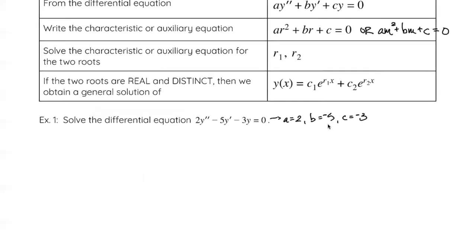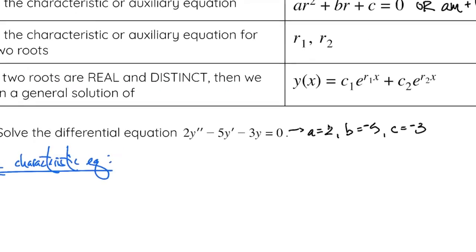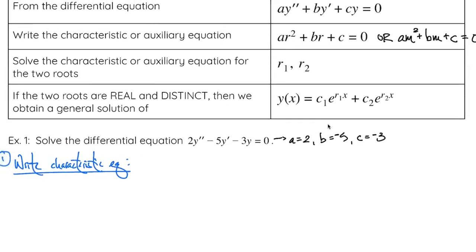So if our coefficients are constant, then we're going to use this process, okay? So if we think about it in steps, we are going to write our characteristic equation. And in our case, for example 1, we would say that we have 2r squared minus 5r minus 3 equals 0.